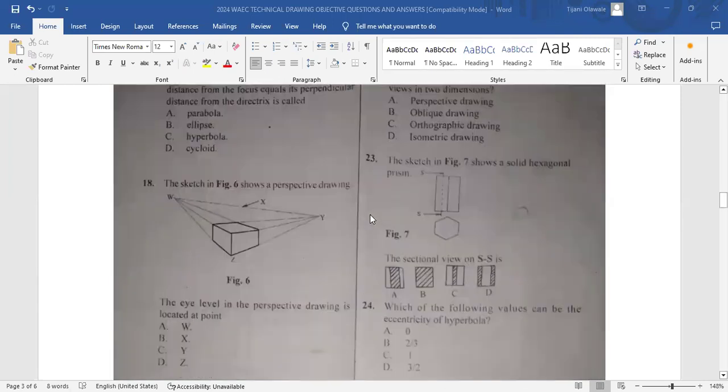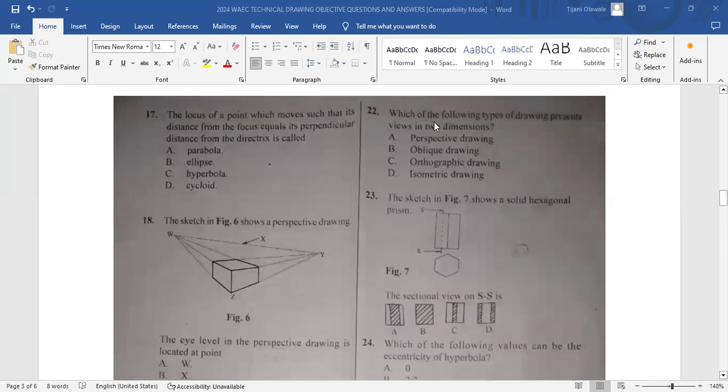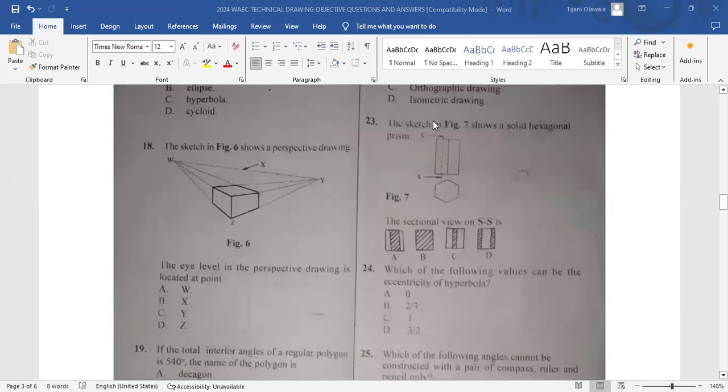Then question 22 says, which of the following types of drawing represent views in 2 dimensions? That is orthographic drawing. So option C is the answer to that question. Then question 23 says that the sketch in figure 7 shows a solid hexagonal prism.